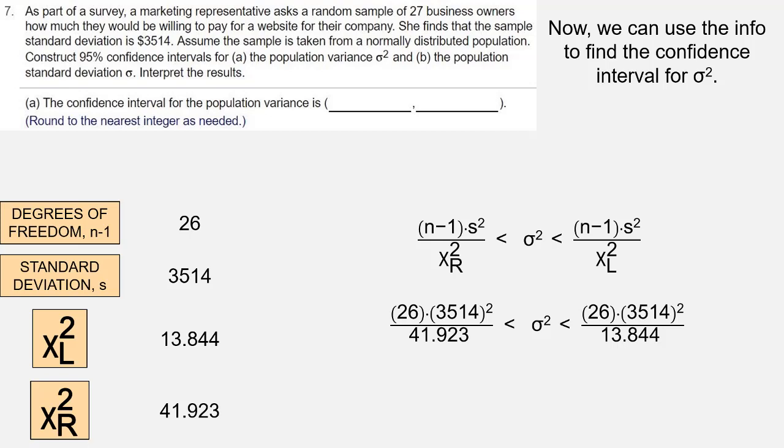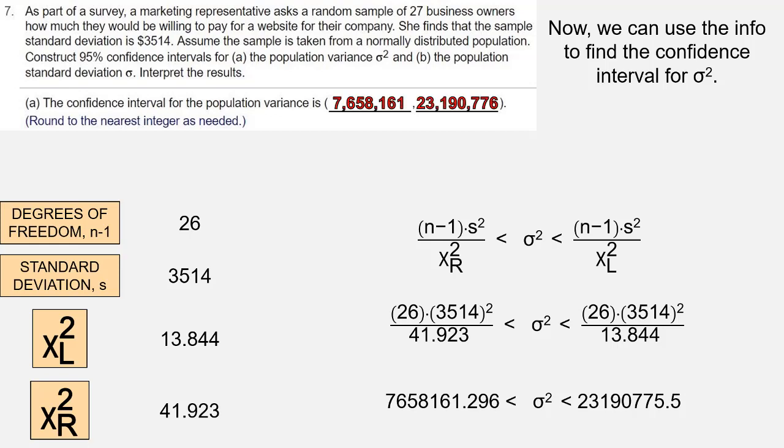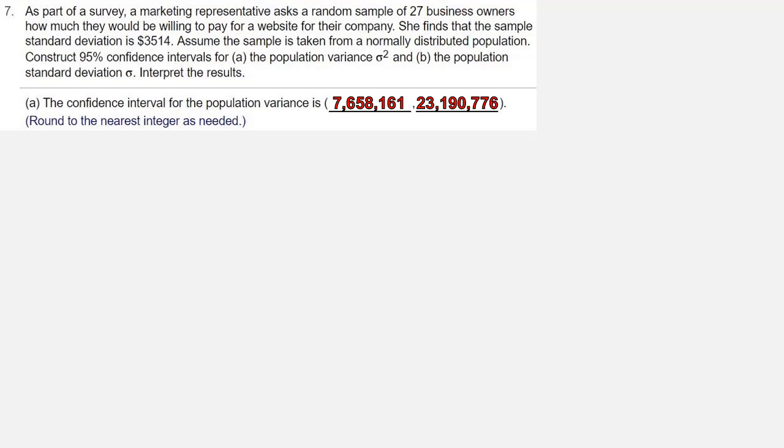When we use our calculator to come up with those values, we get 7,658,161.296 is less than sigma squared, which is less than 23,190,775.5. Rounded to the nearest integer, we get 7,658,161 to 23,190,776. So let's go ahead and interpret these results.